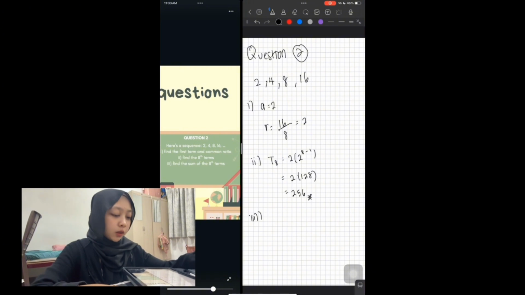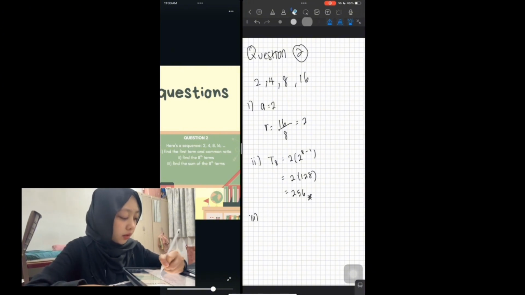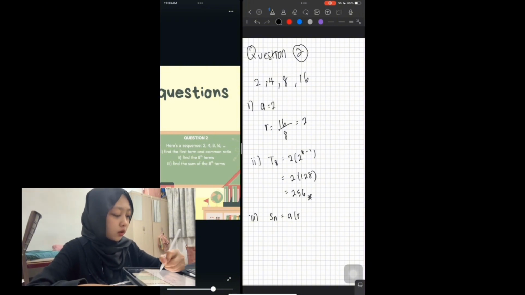Now we need to find the sum of the first 8 terms. Using the formula Sn equals A in brackets R to the power of n minus 1, because R is more than 1, we divide by R minus 1.